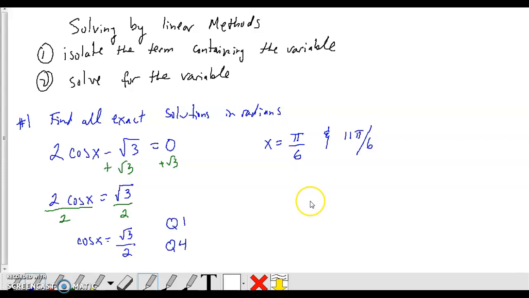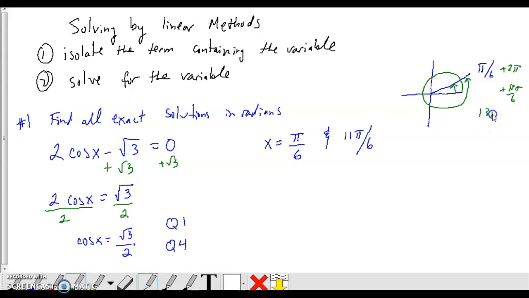So how do I actually write all of my answers? Because if you recall, if I have pi over 6, I could just have this answer, or I could go all the way around and then add another 2 pi. So I can say plus 2 pi, or aka this would be 12 pi over 6.